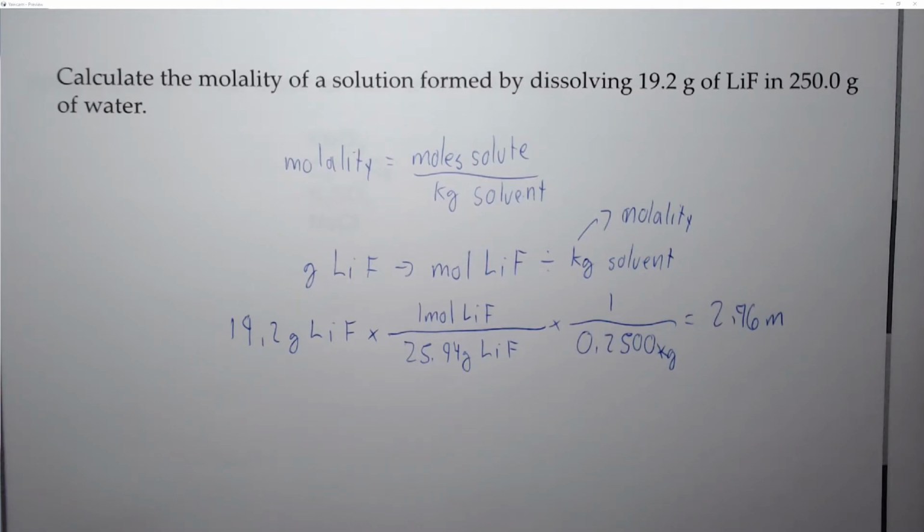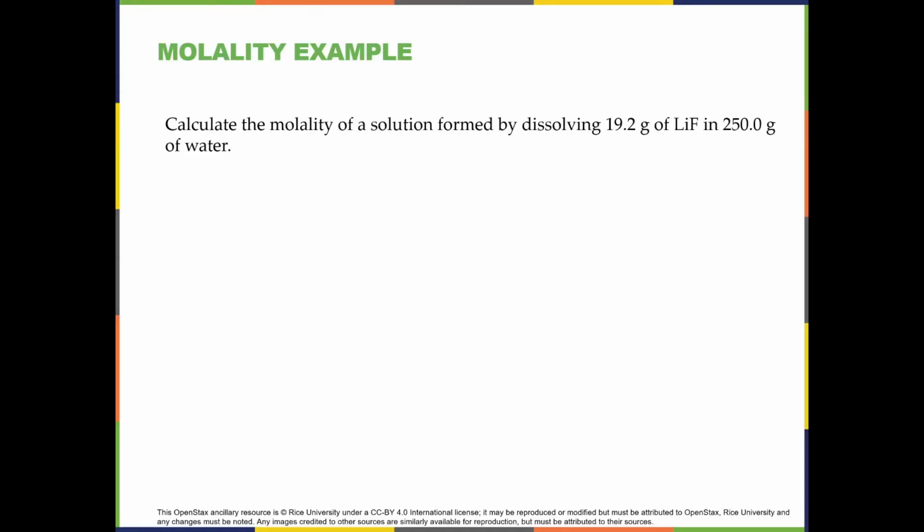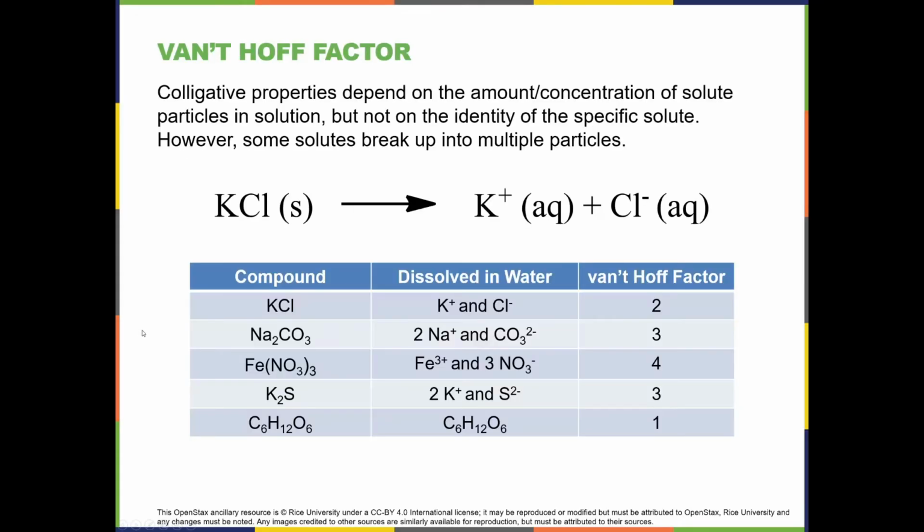So if we look at the next slide here, if I can get back over to the slides, basically the second thing we need to consider is something called the van 't Hoff factor, because we talked about it before in the previous section about electrolytes, that when we dissolve ionic compounds in water, they actually break up into their component ions.